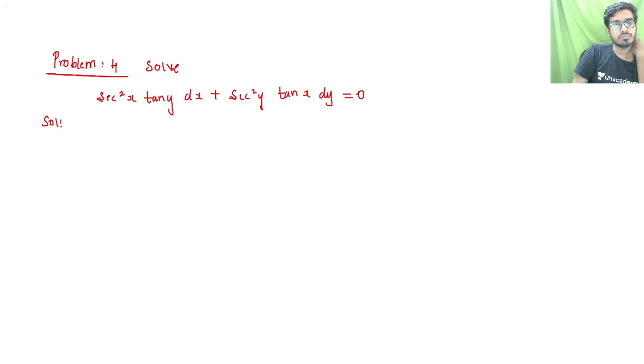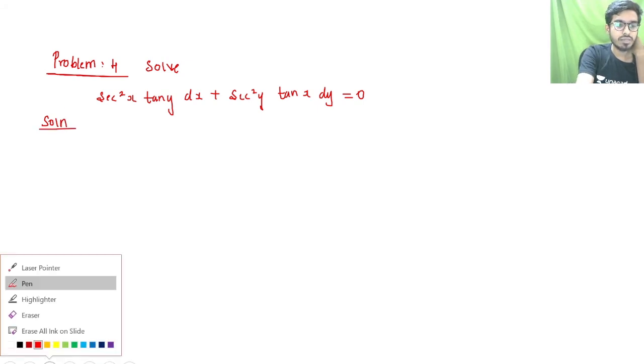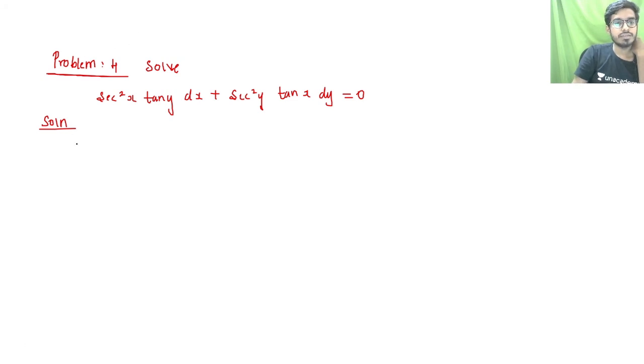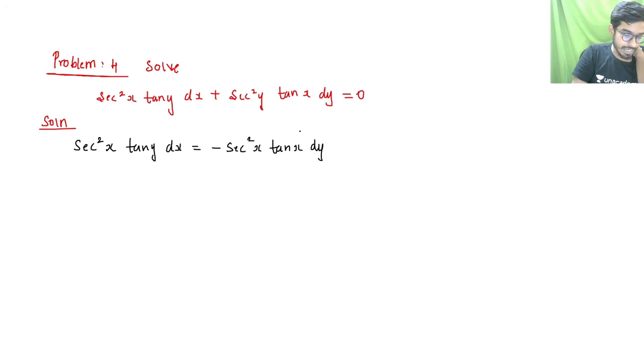So solution: we will have secant square x tan y dx is equal to minus secant square y tan x dy.